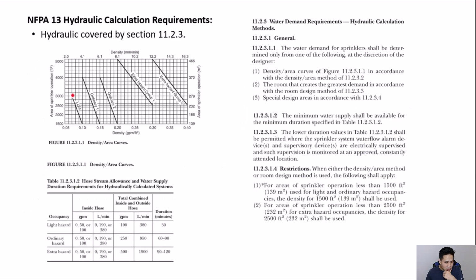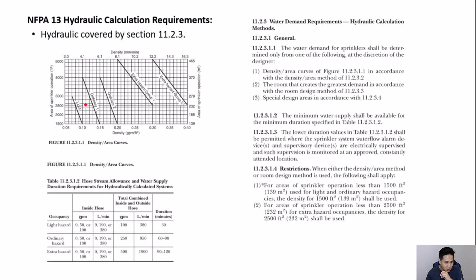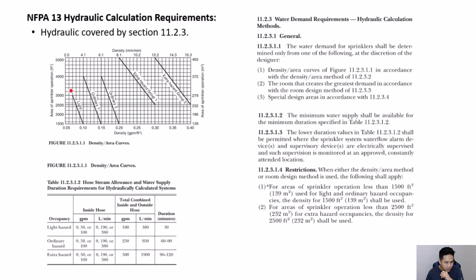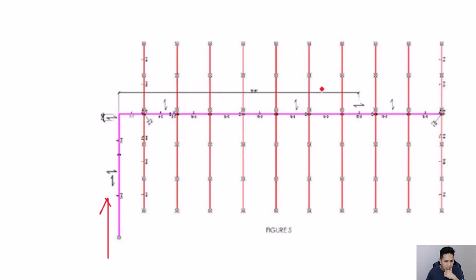And then once you determine the hazard group, in this example here, I'll state that this is in a light hazard group. So we follow this graph right here, and we're going to use the 1500 square feet at 0.1 GPM per square feet. So you would take the most remote 1500 square feet.